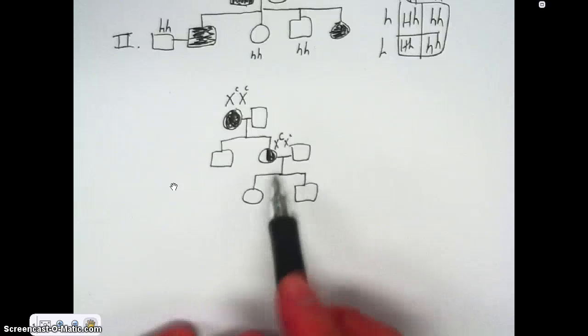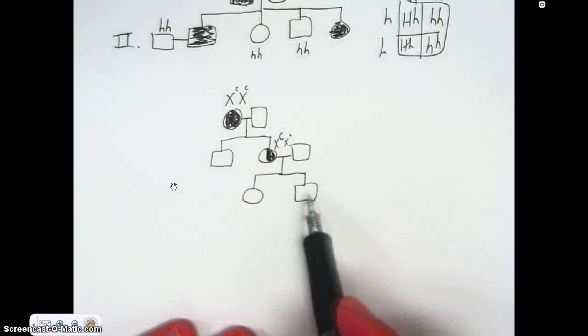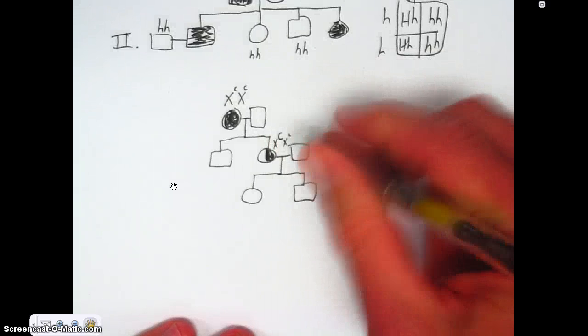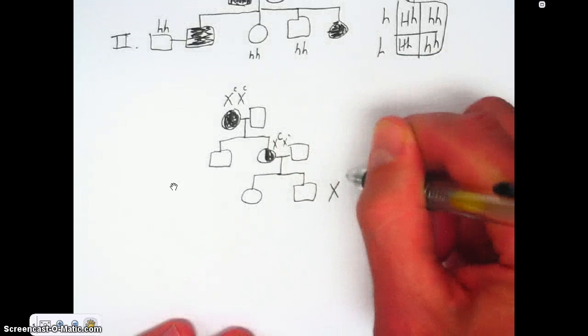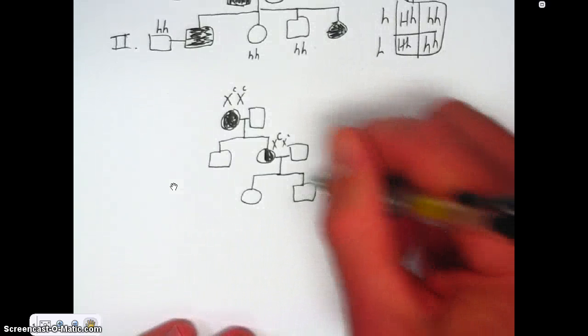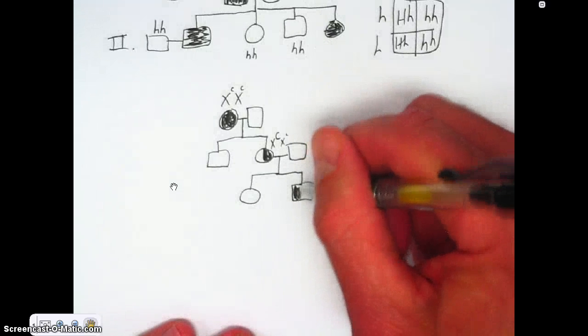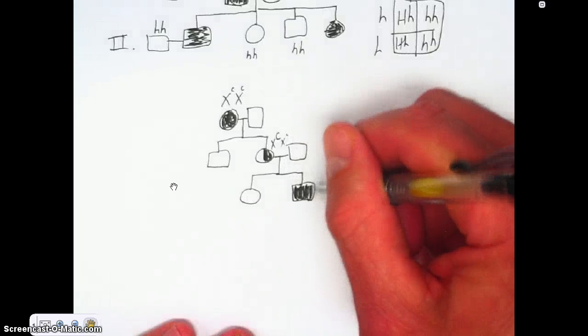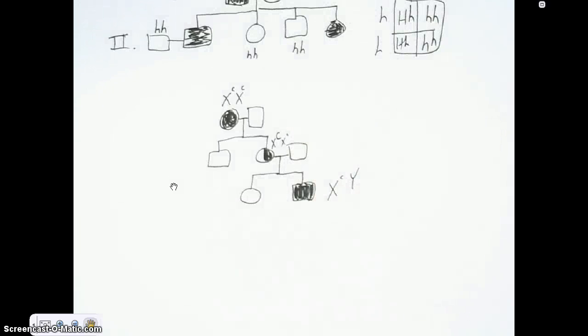My mother then had a 50-50 chance of giving me that bad X chromosome. And indeed she did. Now males, here's me, I've got the bad X and a Y. I have no other X chromosome to cover that up, and so there's no such thing as being a carrier for a male. And so there's me with color blindness. So this is an X-linked recessive pedigree.